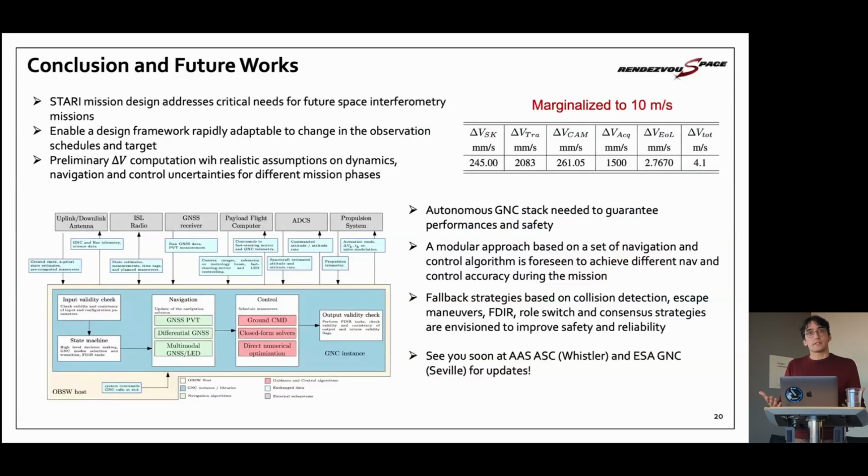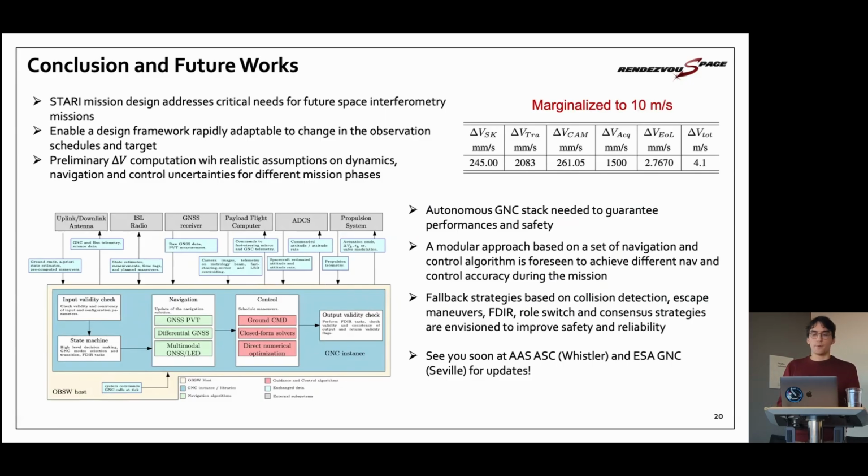And okay, so what's next? The main idea is that all of this has to be handled in an autonomous framework, right? And so we are currently working on developing an autonomous GNC stack for achieving this, that is going to deploy a modular approach of different navigation, guidance and control techniques to address the different navigation and control accuracy that are required in different phases of the mission.